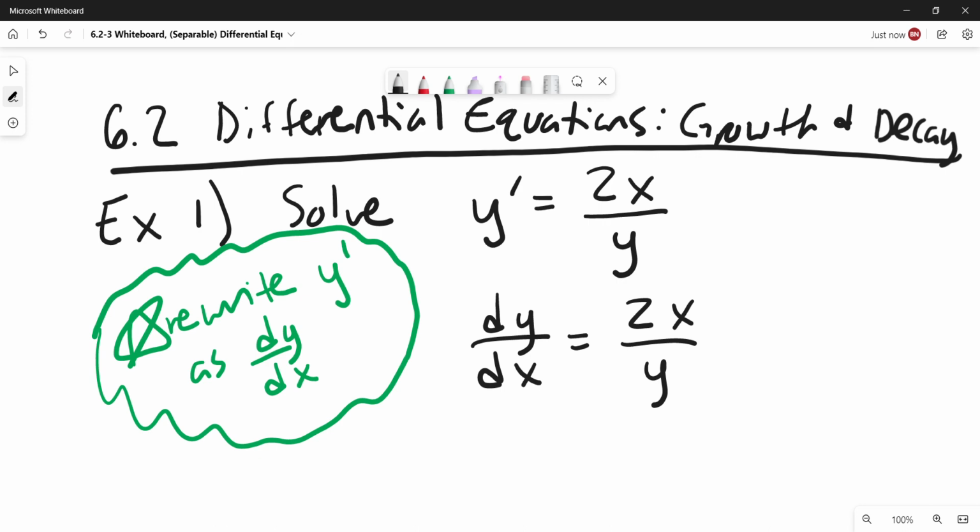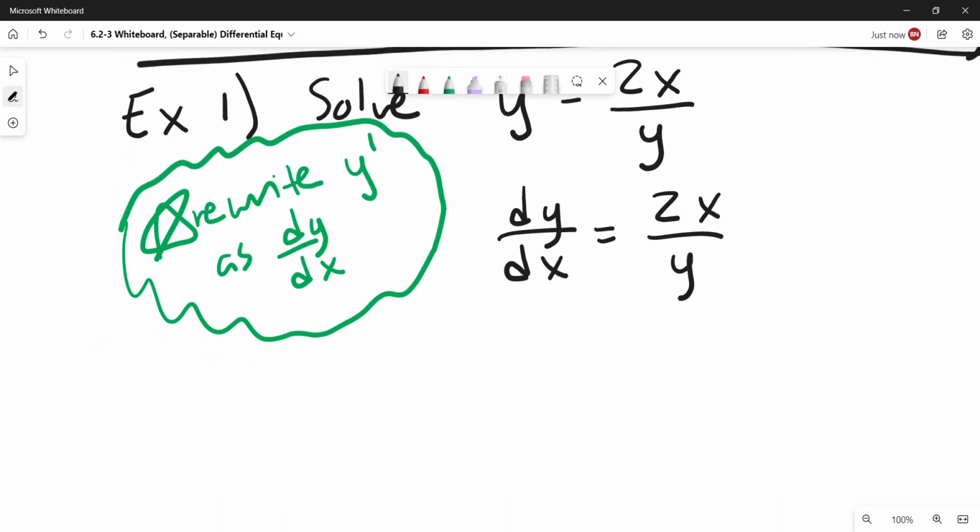Again, the idea of separable differential equations means you want to get all the x variables on one side and all the y variables on the other side. To know which side to get them on, in this case, do I move all the x's to the left side and all the y's to the right side, or vice versa?